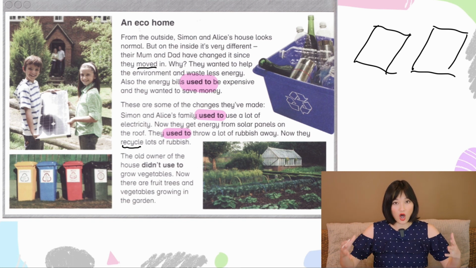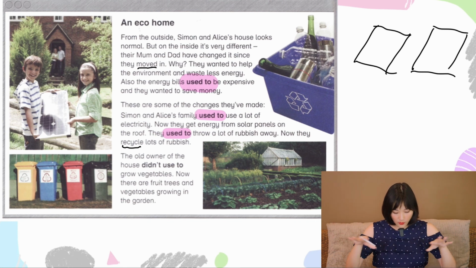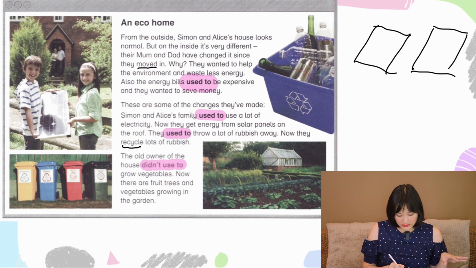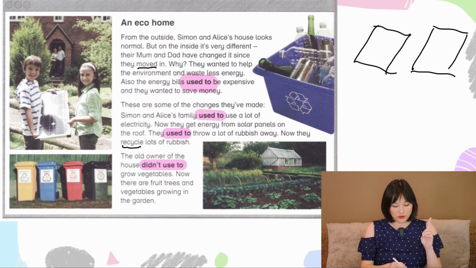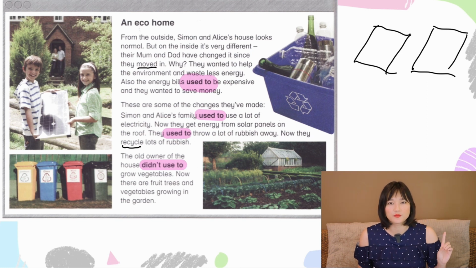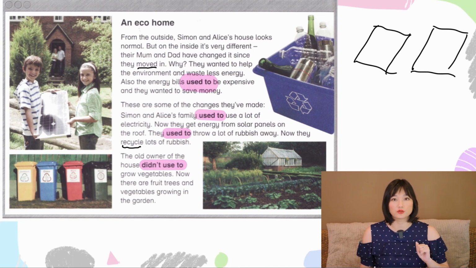Now there are fruit trees and vegetables growing in the garden." Now if you look here, it says "didn't used to." You remember when we talked about past simple? I think we focused on that in the elementary course as well. In lesson 3, I think, we also talked about past simple.